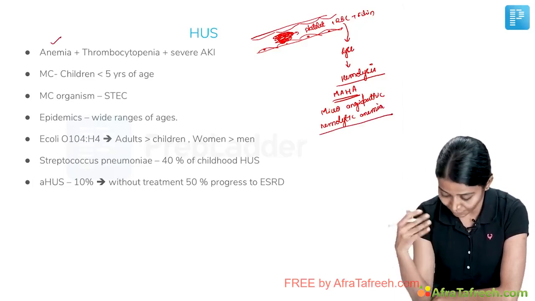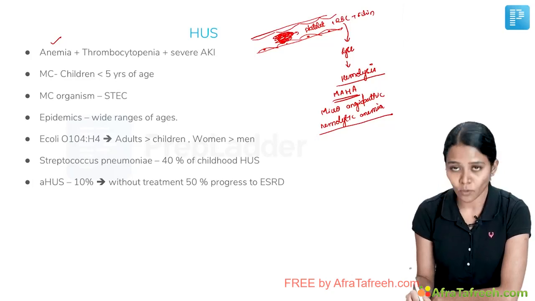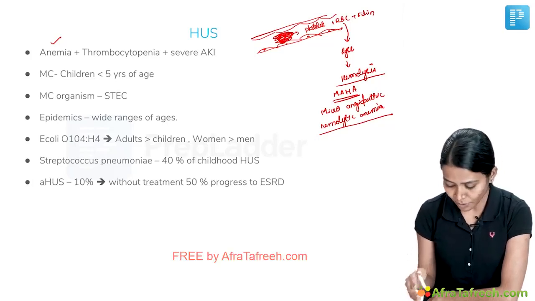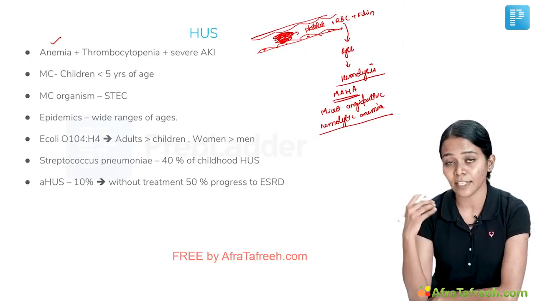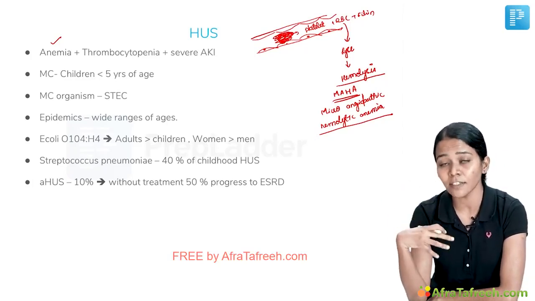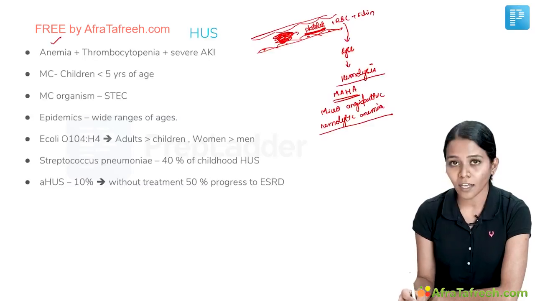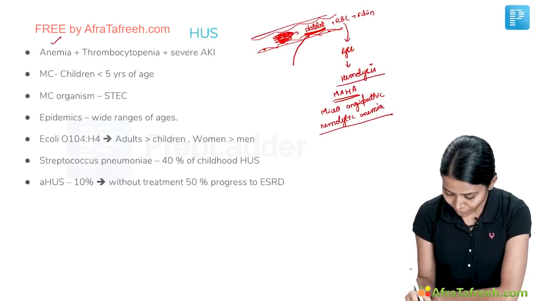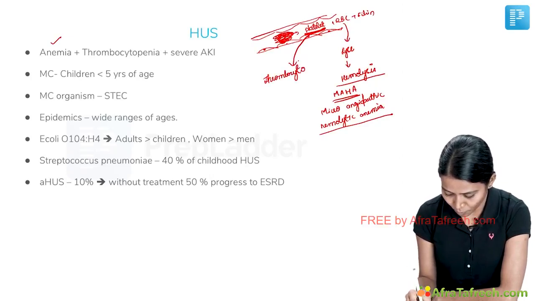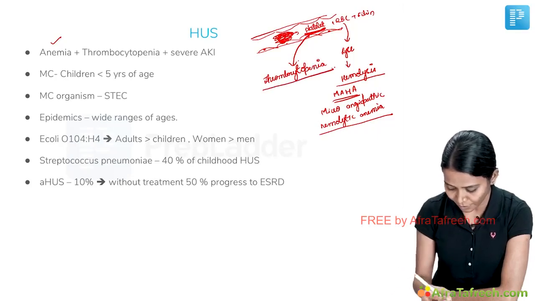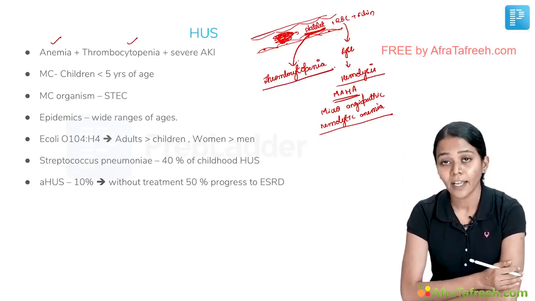Okay, next thing, platelets are also present in this clot, right? So imagine this, I'm just showing one vessel. Like this, thousands of blood vessels in the body can be affected. So these platelets will get destroyed and cause thrombocytopenia. Okay, so that is the second condition that will be seen.